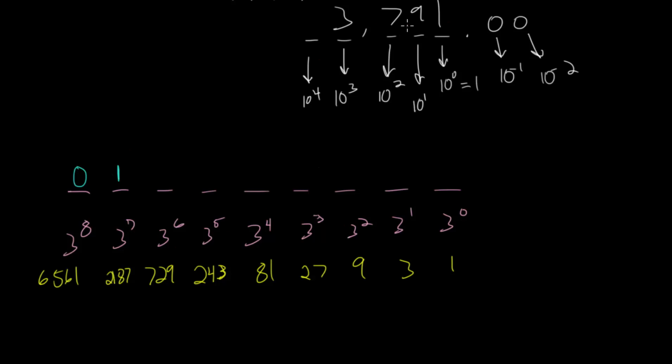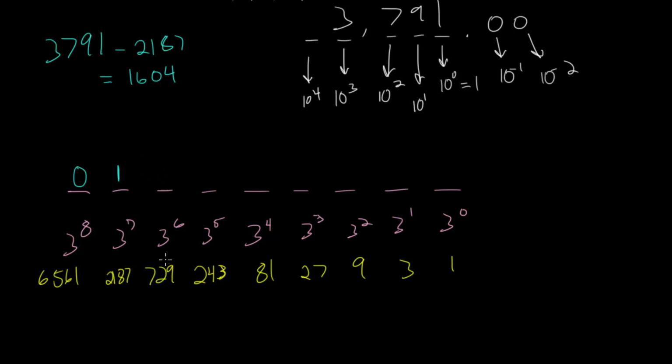So let's find that difference. If we take 3,791 and subtract this ones digit here in this place value, 2187, then we have 1,604 left over. So now we go to the next bucket, and this one, it looks like we can fill twice.